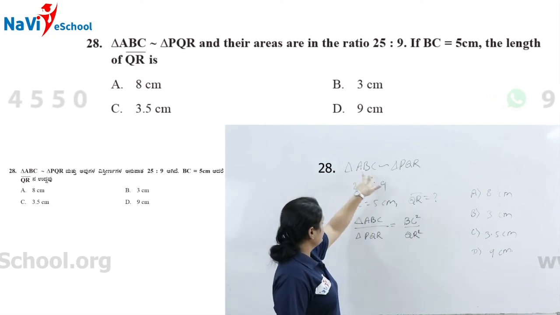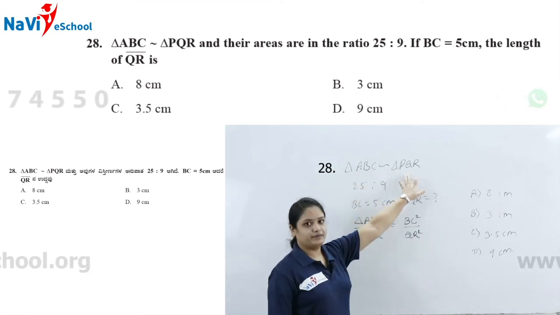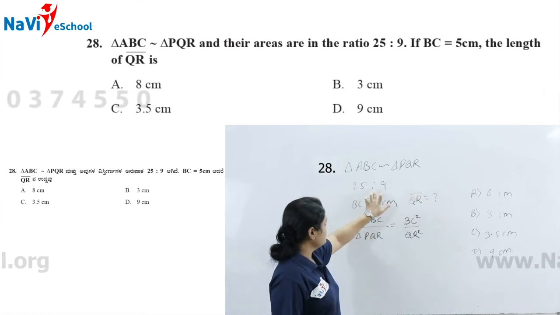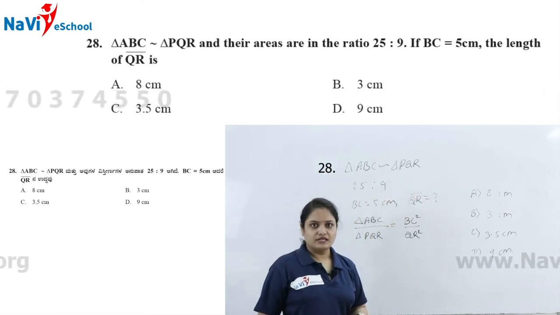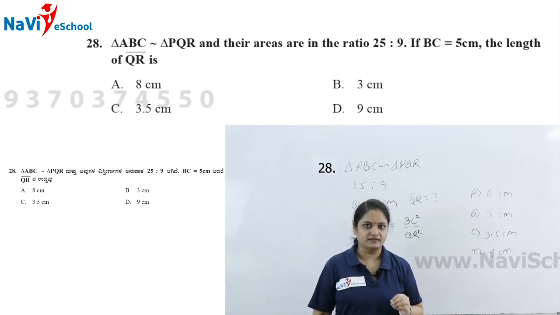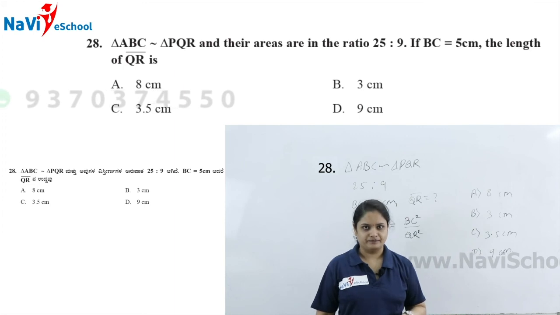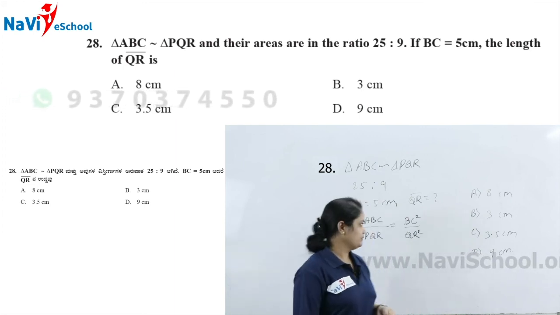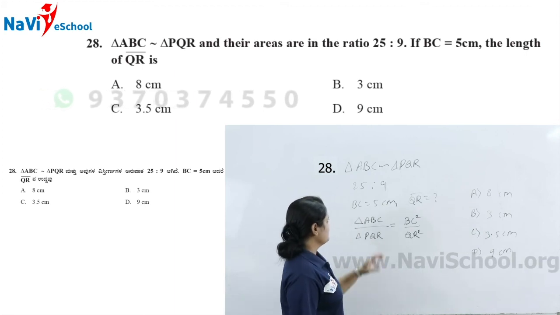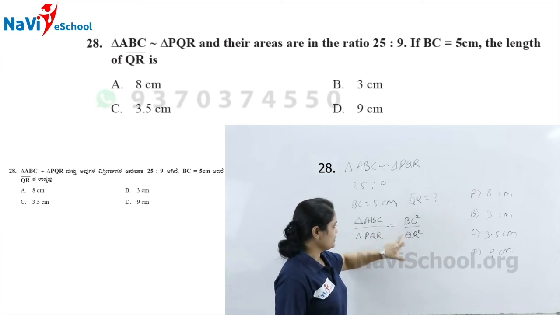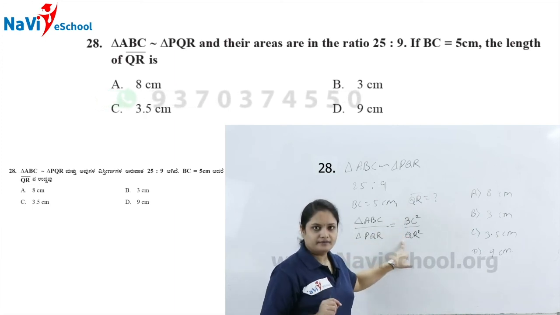Here triangle ABC is similar to triangle PQR and they are in the ratio of 25:9. It means what? Similar means the corresponding angles and the corresponding sides are in the same ratio. That you know already, isn't it children? So, on that basis, see here, I have taken BC square and QR square. Why?